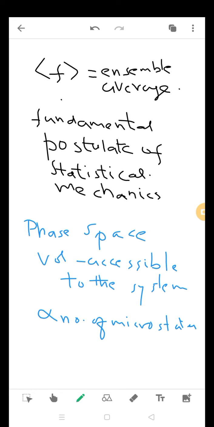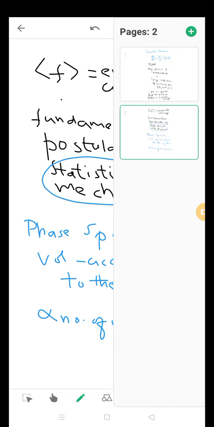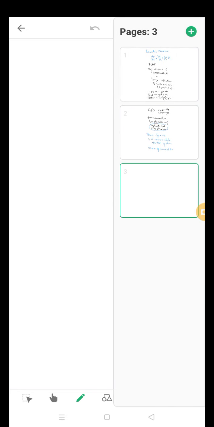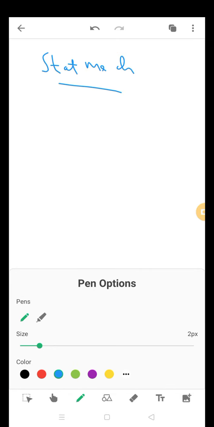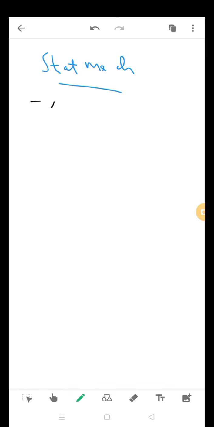Okay. Now coming to statistical mechanics, we have three different types of statistics. One of them is Maxwell-Boltzmann statistics. Another one is Bose-Einstein statistics. And the last one is called the Fermi-Dirac statistics.